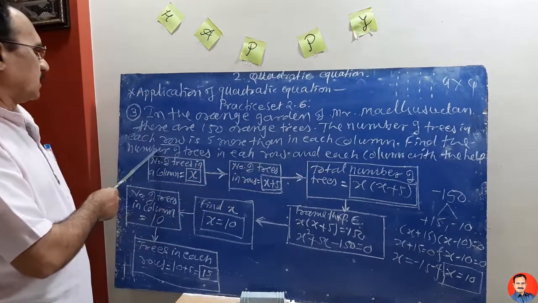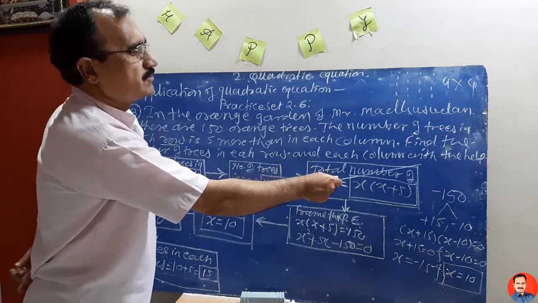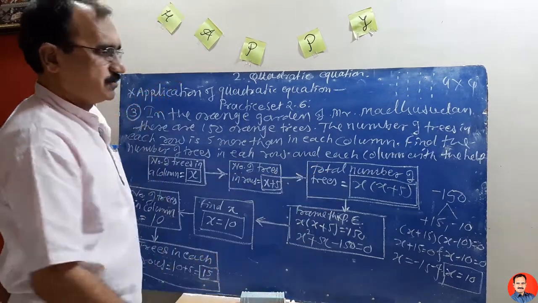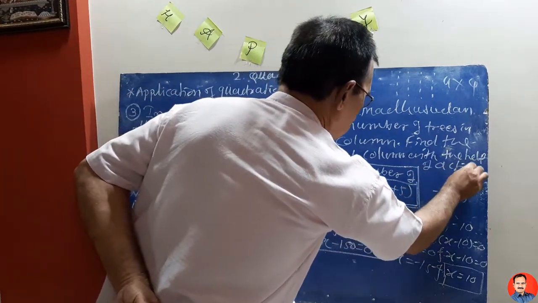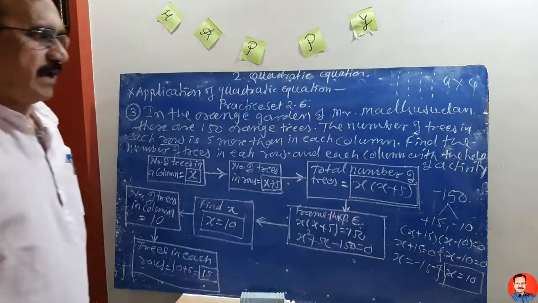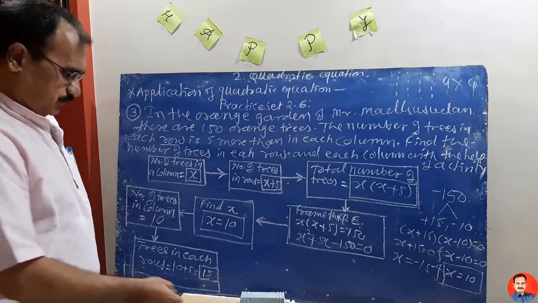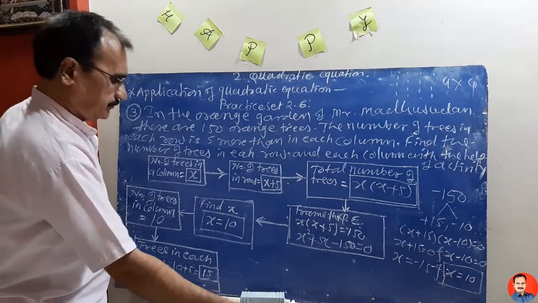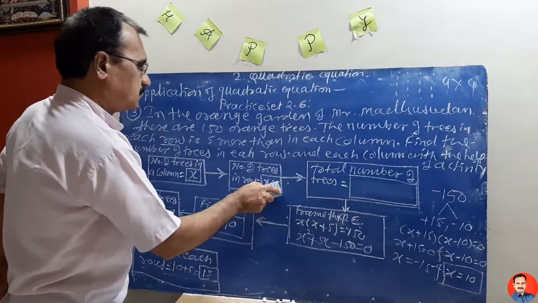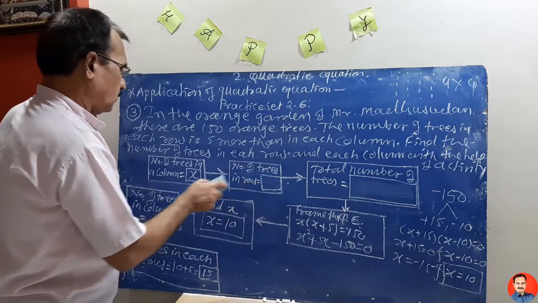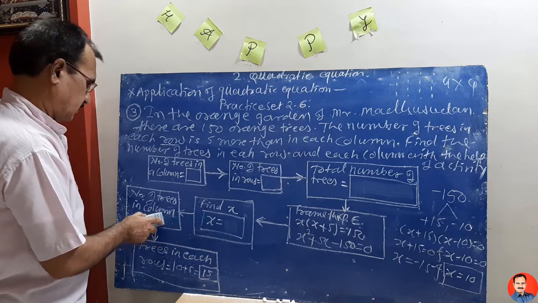Find the number of trees in each row and each column with the help of the activity, or this flow chart. This is called a flow chart and also an activity. You have to fill the empty boxes, which means this is an activity.